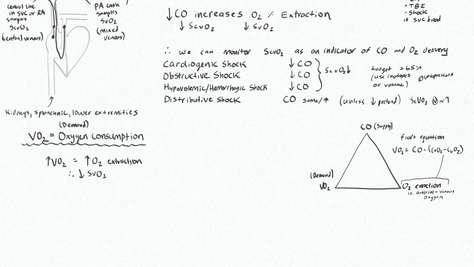Unfortunately, there are quite a few things that can globally increase your oxygen consumption. All of these hypermetabolic states, like fever, inflammation, sepsis, burns, trauma, and even surgical stress, and also anything that increases your muscle activity, like shivering or seizures.